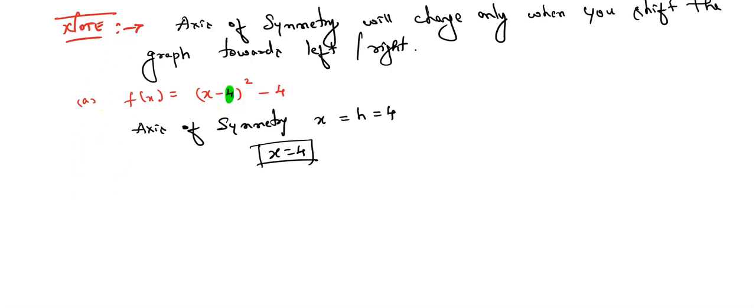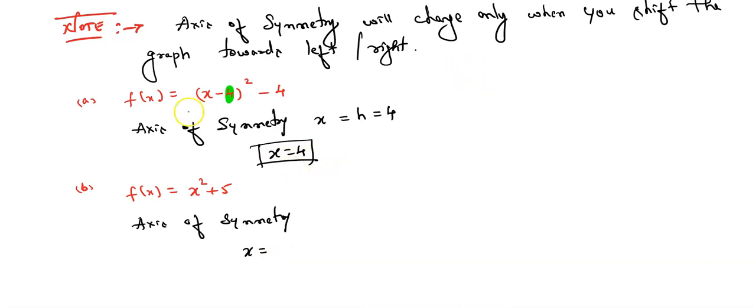Now let me solve case B. If f of x equals x square plus 5, then what is the axis of symmetry? In case you have not understood this case, you can use the formula also.